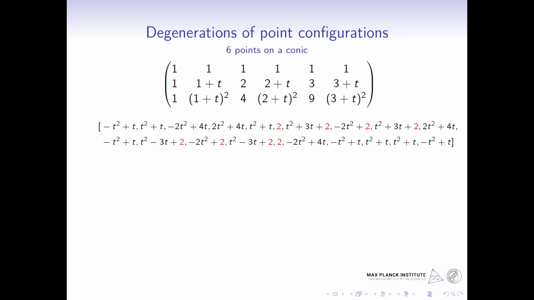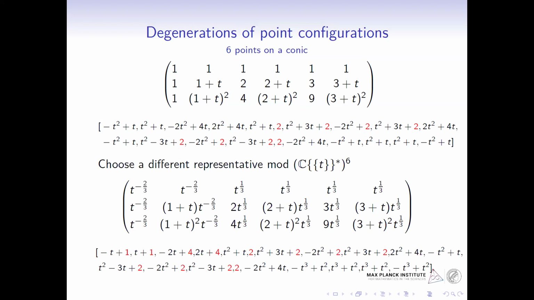Now, since I consider my points to be in projective space, I can also choose a different representative, okay? Before I let T go to 0, T is invertible, so I can choose this representative, right? And now I can ask what happens if I let T go to 0 here. In the matrix you don't see much, but look at the Plücker vector down here.